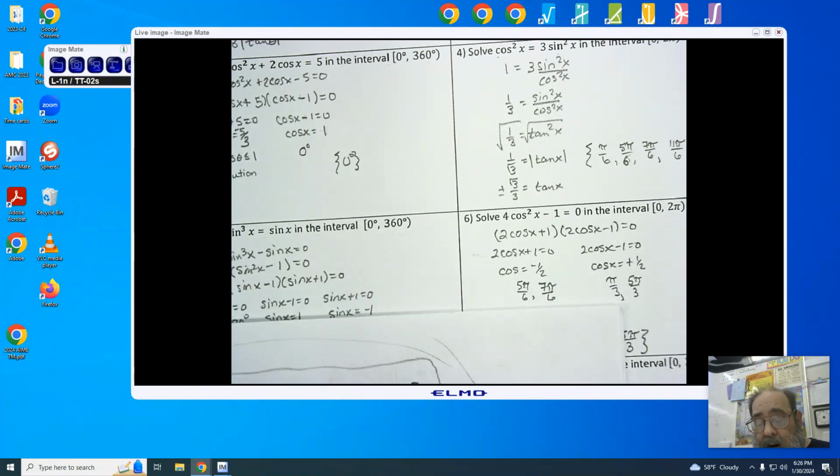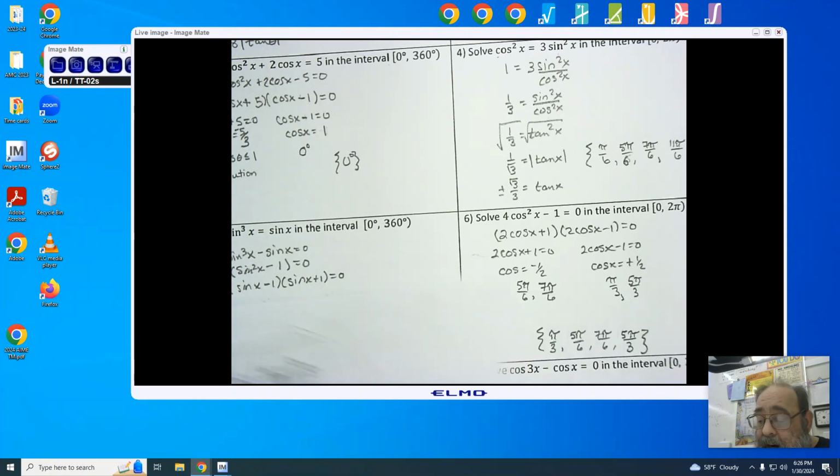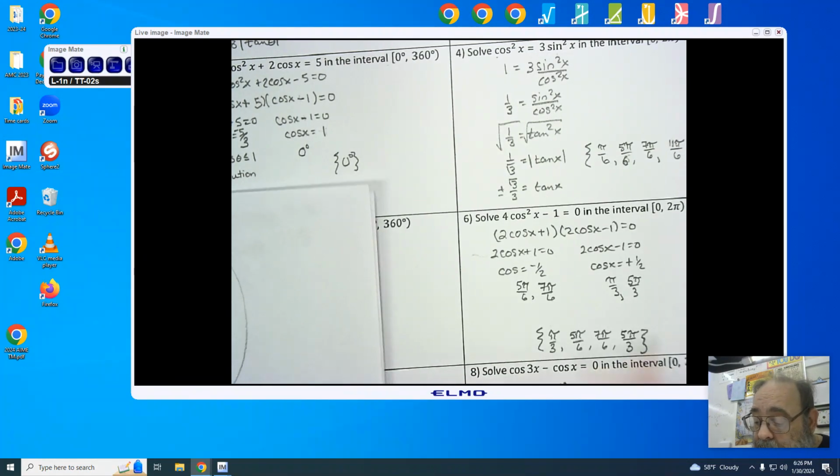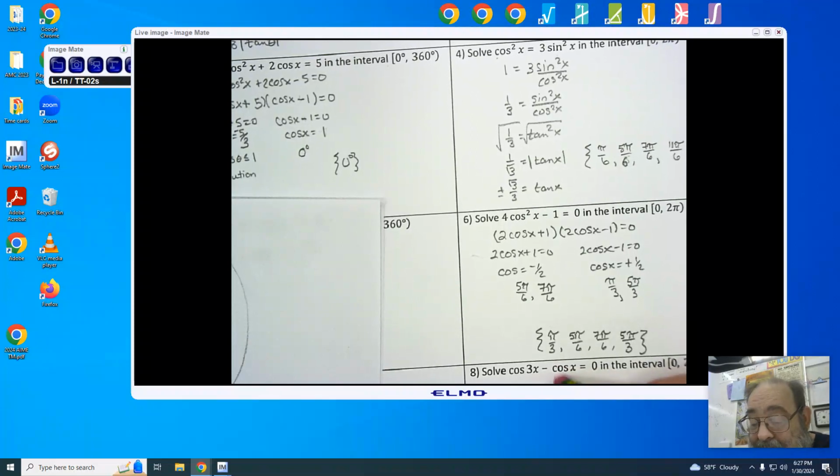So with the cosine of alpha minus the cosine of beta, I can go ahead and just simply use it and say I'm looking at minus 2 sine of 3x plus x divided by 2 times the sine of 3x minus x divided by 2.